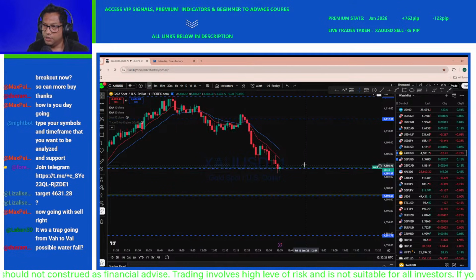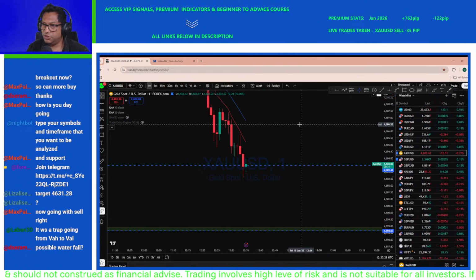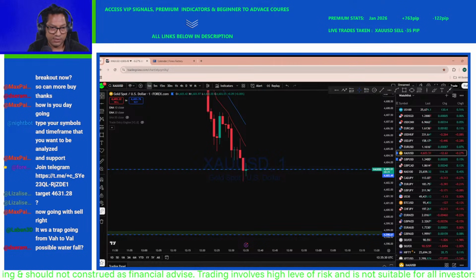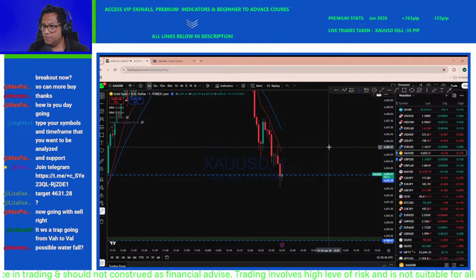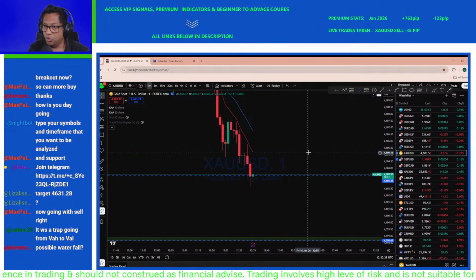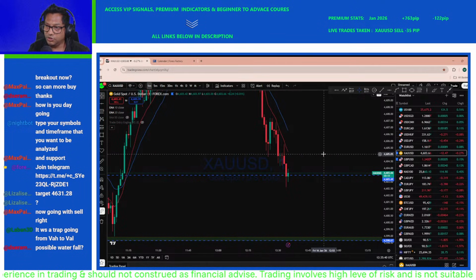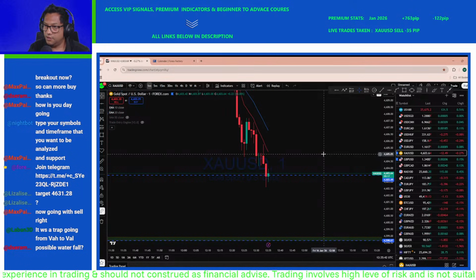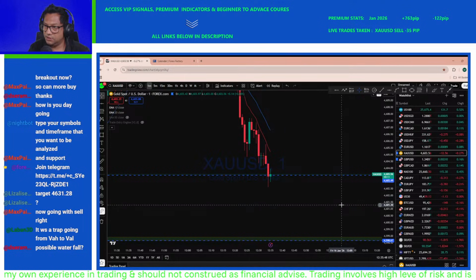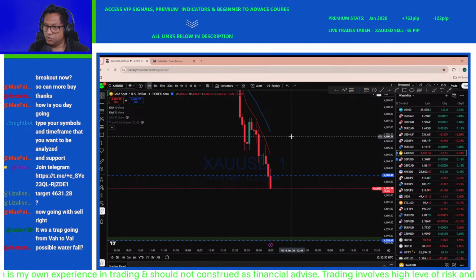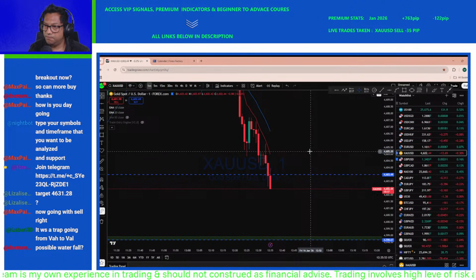Okay, so in this bearish price action, now we can see on XAUUSD, we can look for an entry on a price action confirmation here, because the market structure is strongly bearish, that we can see.